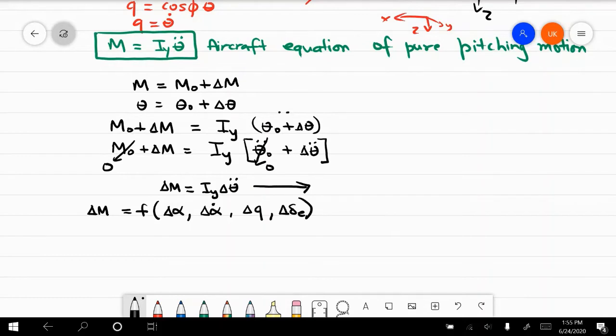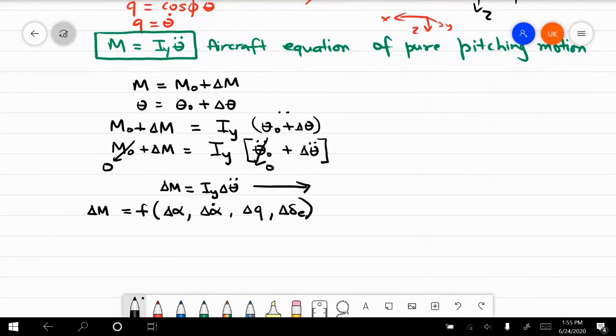So all these things will affect the value of pitching moment. Okay, there could be other things as well, but these are the most dominant variables which will affect the change in the pitching moment.